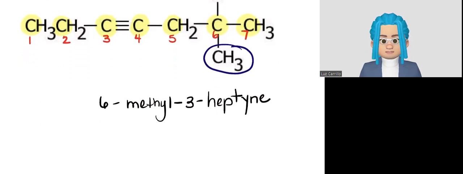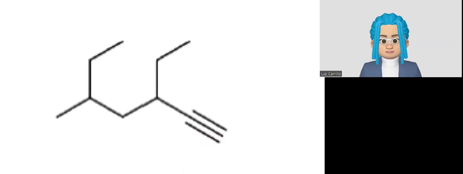Let's do the other example that we have here. For those students that are not familiar, or skeletal structures may be a little bit intimidating, understand that the skeletal structure can always be changed into a condensed structure. Let me illustrate how you can do that. So, in an alkyne, this is the first carbon atom that has 1 hydrogen.